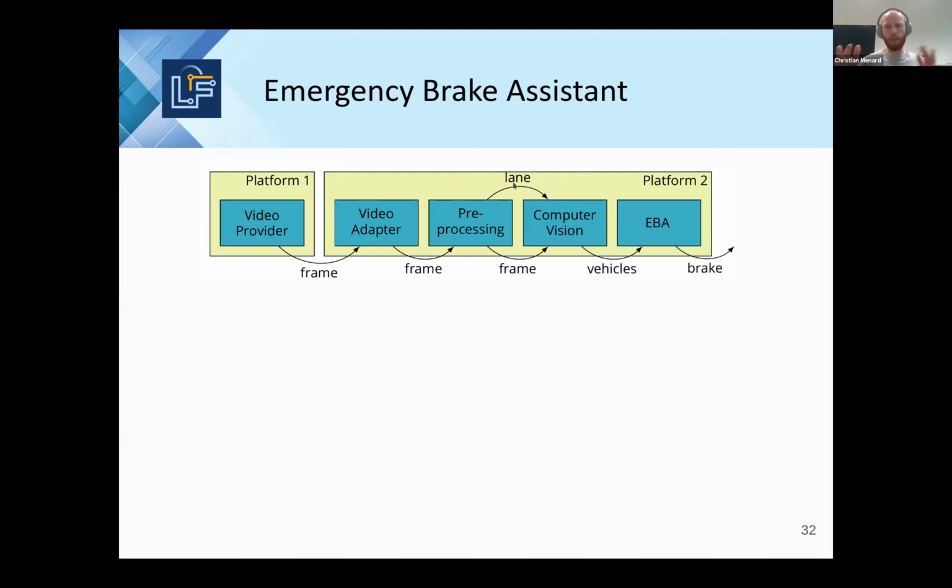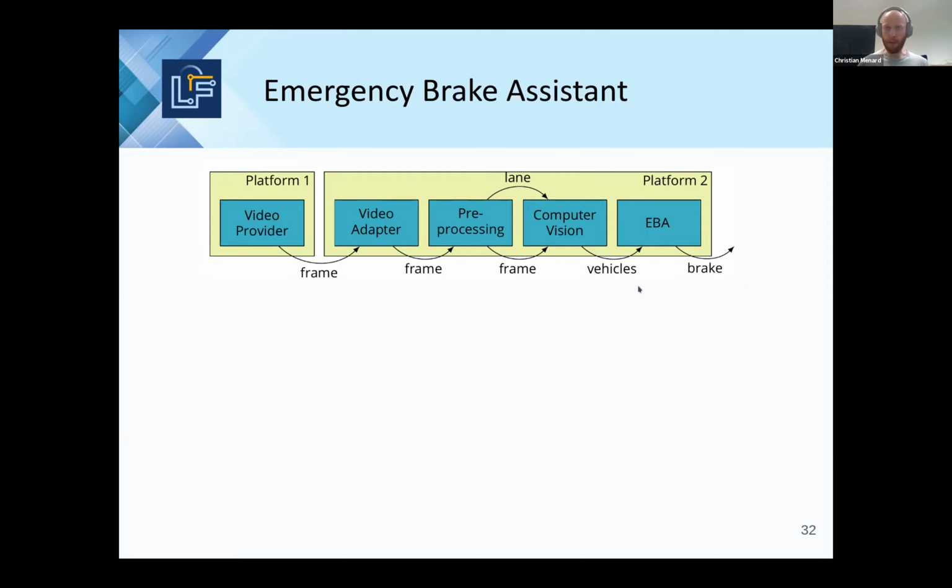So it sees where the lane is and which lane we're driving on. Then there's a computer vision component that sees what kinds of obstacles are there and decides whether they are on the lane or not. And this then sends a list of the obstacles to the emergency brake assistant that makes a decision: is there a situation where I need to brake or not?